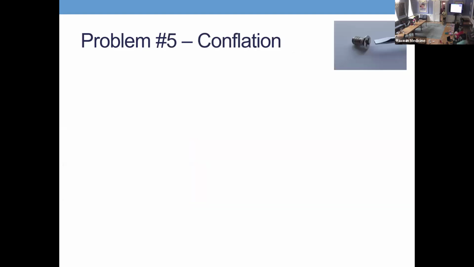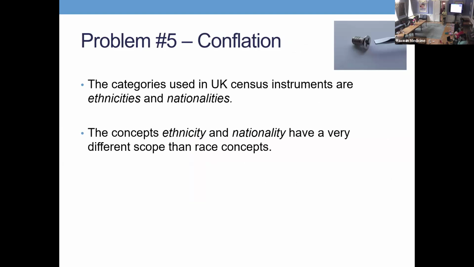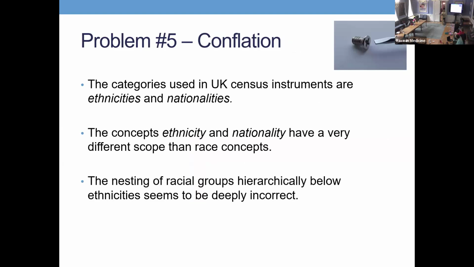Okay, last is conflation. The categories in the UK census instruments are ethnicities and nationalities, and it says so explicitly. However, the concepts ethnicity and nationality have a very different scope than race concepts. The ethnic categories utilize racial labels underneath them. The nesting of racial groups hierarchically below ethnicities seems to be deeply incorrect.